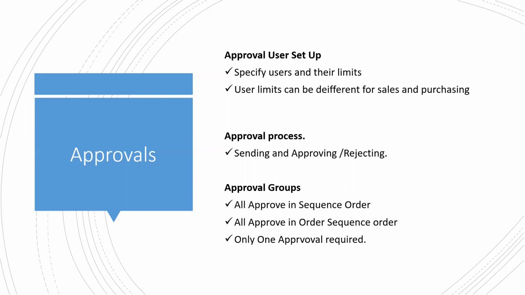Then all approve in sequence order, or only one approval required. So when we talk about groups, only one person can be in charge of the review as well, right? Just to mention, we could have an approval workflow with a sequence order, or where all of them should approve our document.